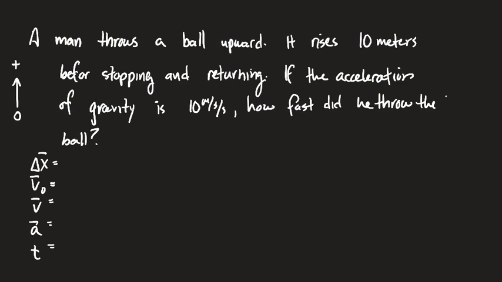Now the ball went upwards 10 meters. The ball comes to rest. The ball experiences an acceleration of 10 meters per second per second. But gravity pulls things downwards. How fast did he throw the ball?